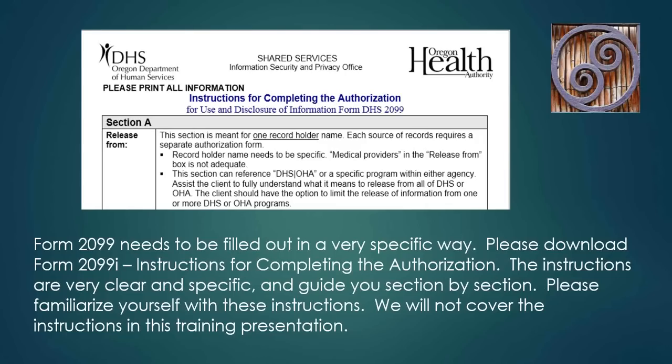So for example, I'm just picking out a couple of things from the instructions. And one thing that we're told is that we can never ask an individual to sign a blank authorization or release of information. So we actually have to have it filled out before they can sign it. Another thing we see in the instructions is that the client or individual has the right to cancel or revoke this authorization.